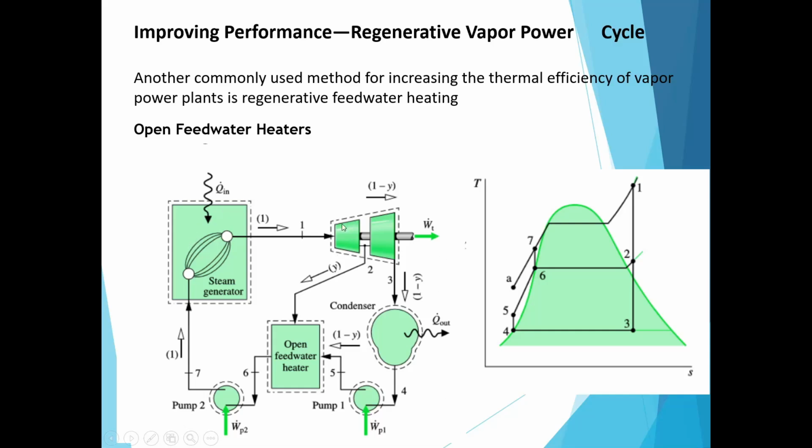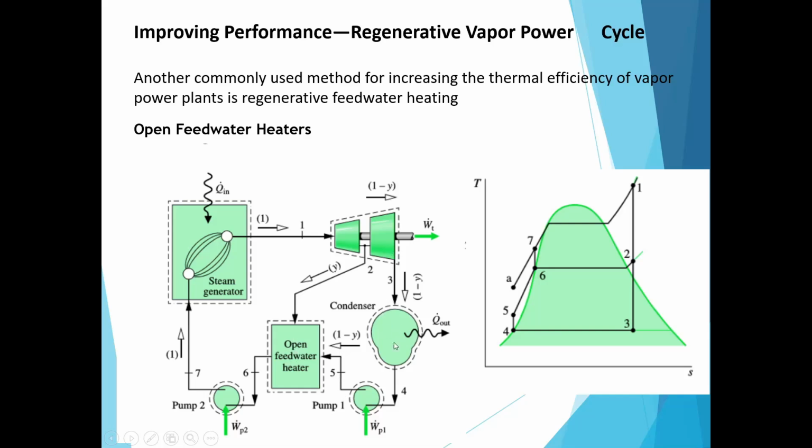You have a turbine, and we draw a steam line somewhere in the middle of the turbine. This is not two sets of turbines as in the reheat, not high pressure and low pressure turbines. This is actually one set of turbine, right? We draw some steam somewhere in the middle of the turbine and mix the steam line with the feed water.